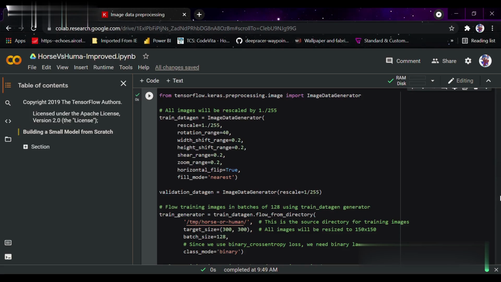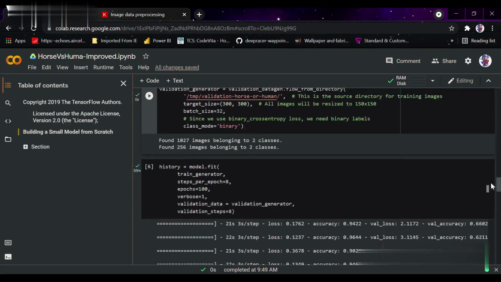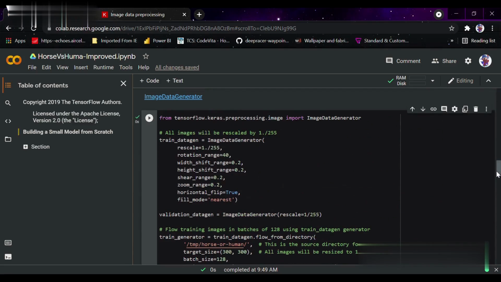So that was it. We can even evaluate the model with the help of this, and we would realize that there are a lot better results. Even if you give a 90-degree rotated picture to the model, it would be able to guess it.